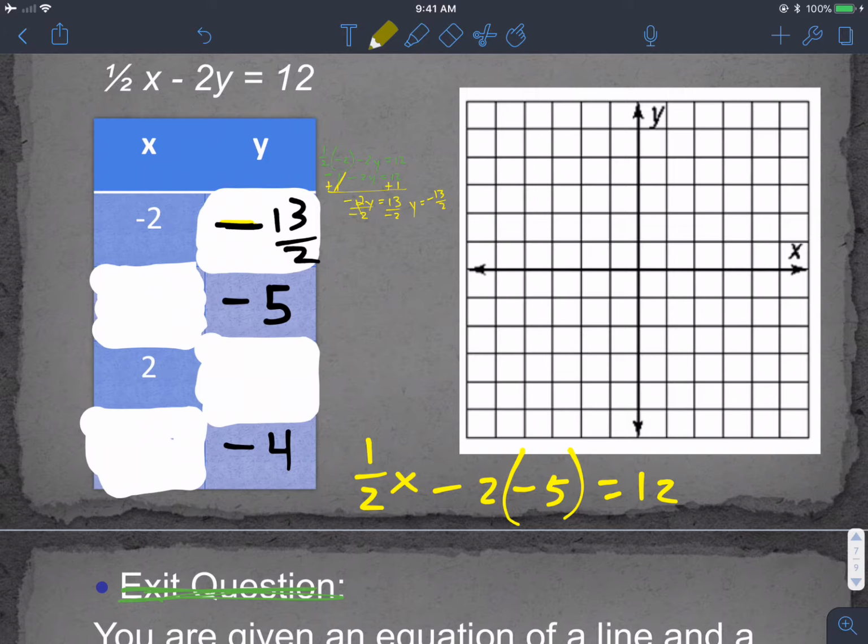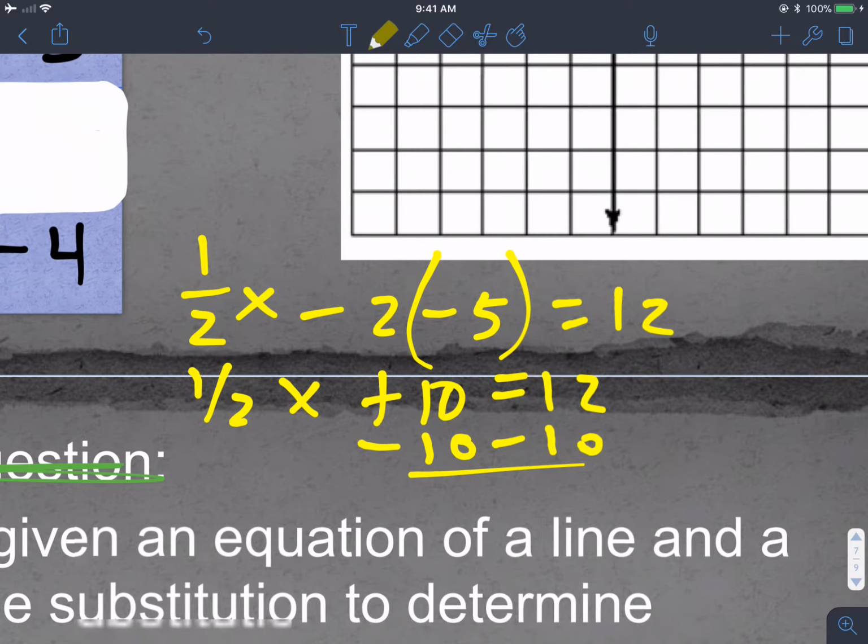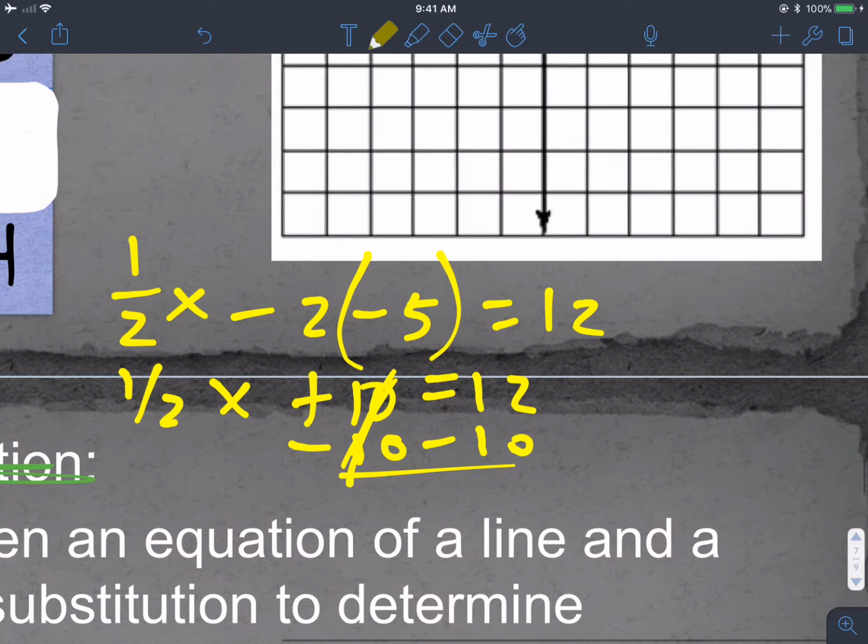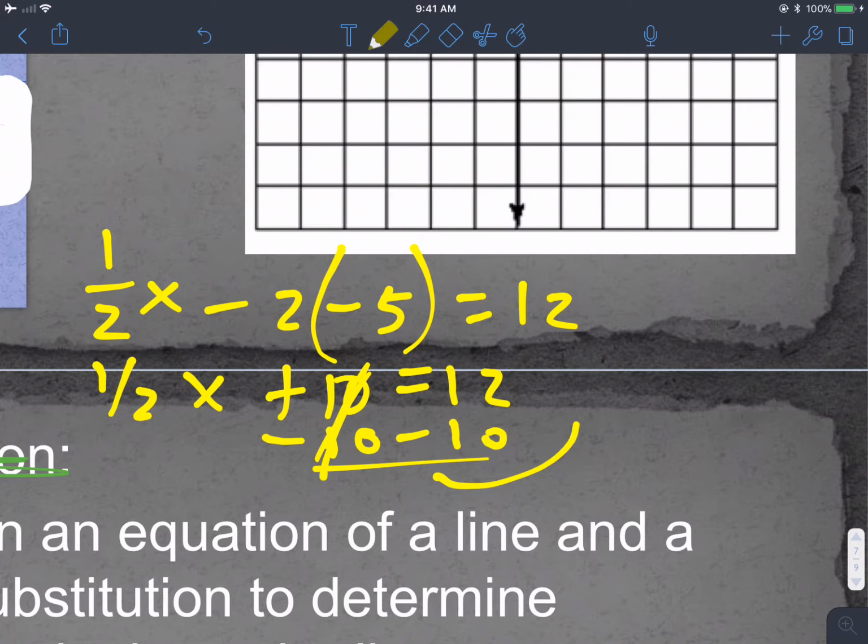So now I'll do negative 2 times negative 5, 1/2 x plus 10 equals 12. And then minus 10 from both sides. One half x equals 2.